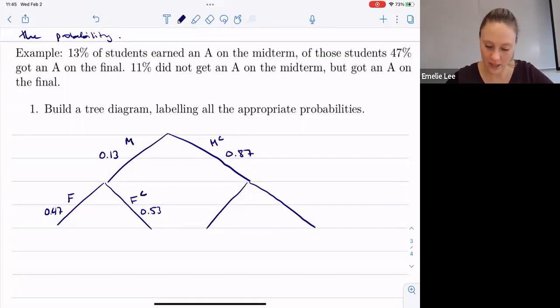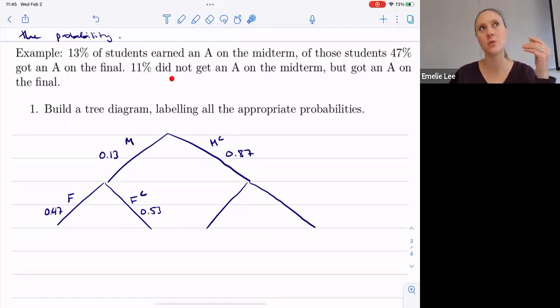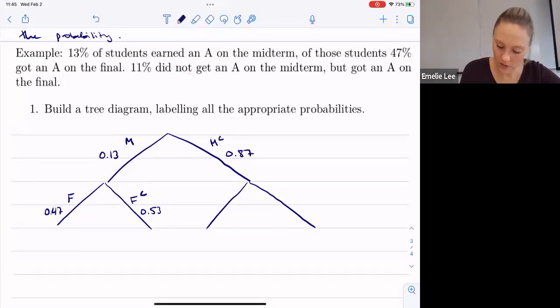Okay, so then here for the 11% information, so 11% did not get an A on the midterm, but got an A on the final. And so here we're kind of assuming that what's given is that they didn't get an A on the midterm, but they got an A on the final. So then here I have either they got an A on the final or they did not.